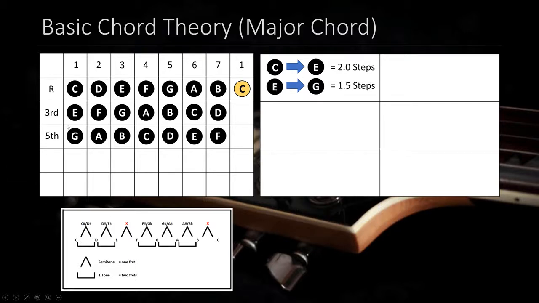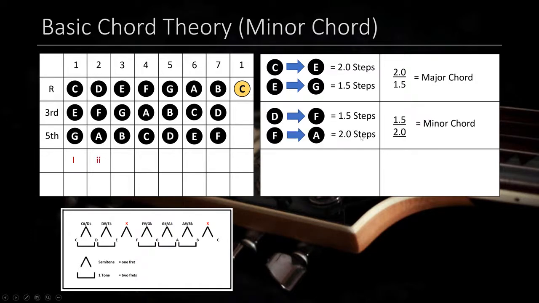And then if we take the E to G, that's 1.5 steps, E, F, G. Remembering E to F is a half step because there's no sharp or flat, so a half step plus a whole step is 1.5 steps, and 2 over 1.5 is equal to a major chord. You need to remember that. So 2 over 1.5 is a major chord.